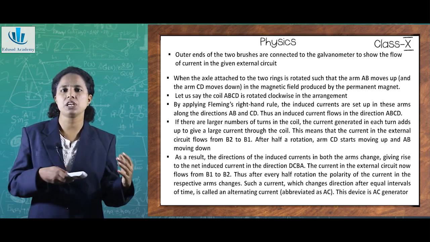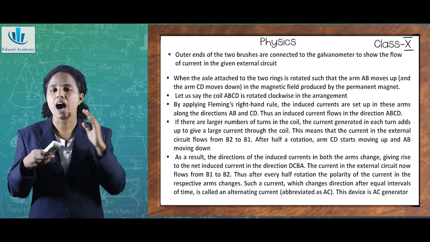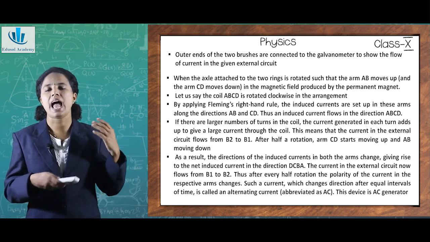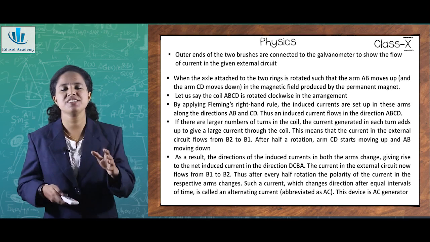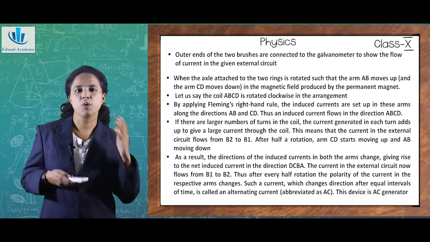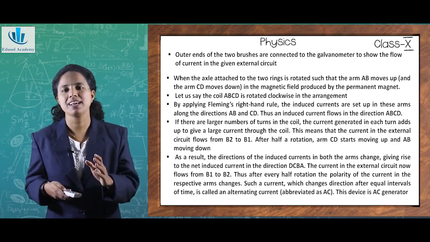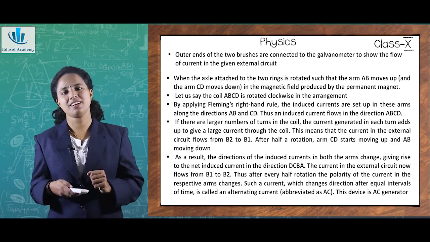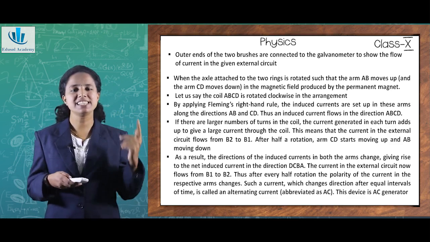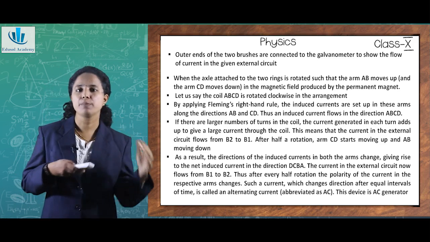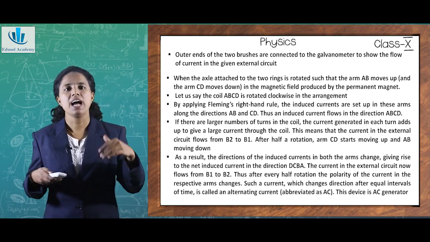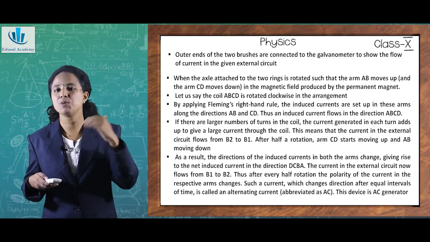So after half a rotation, what happens? The arm CD starts moving up and AB moving down. As a result, the directions of the induced current in both the arms change, giving rise to the net induced current in the direction DCBA. So after half a rotation, the arm CD will move up and the AB arm will move down.